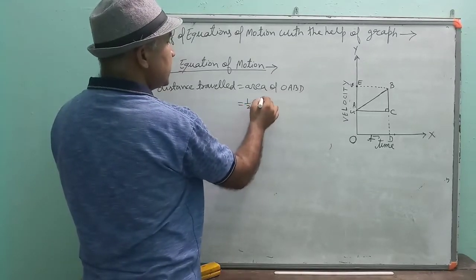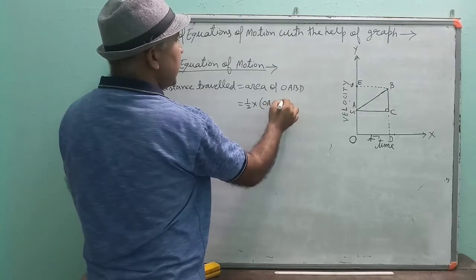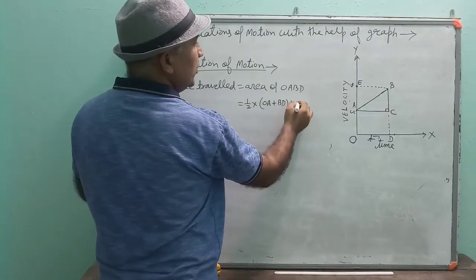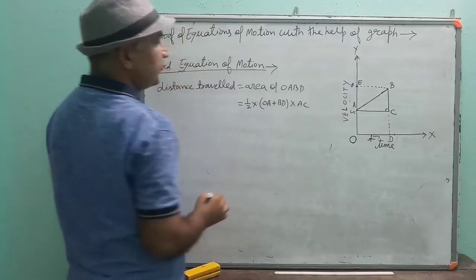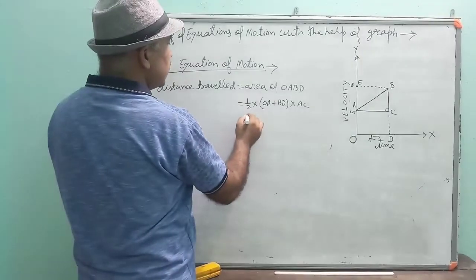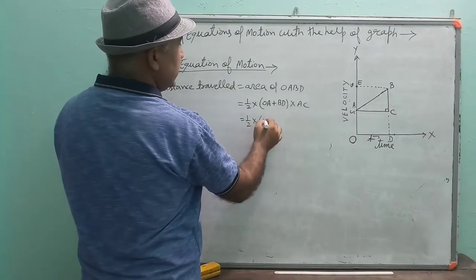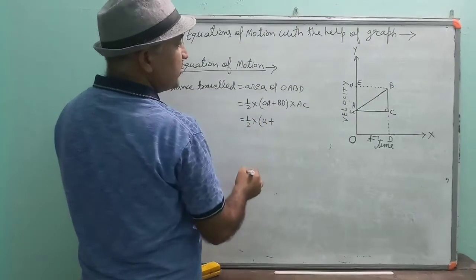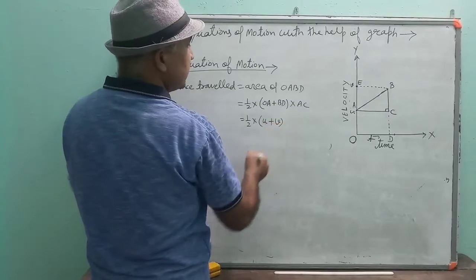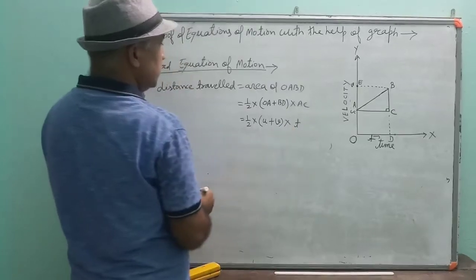Area of trapezium is half into sum of parallel sides into distance between them. This is the formula for area of the trapezium. Now put the values and see. Half into OA, this is u, plus BD, this is v, into AC is t.